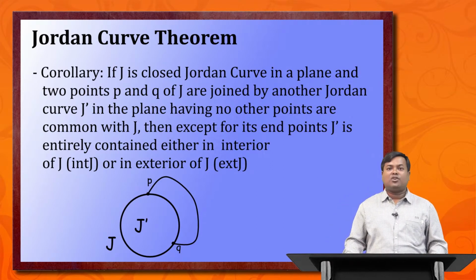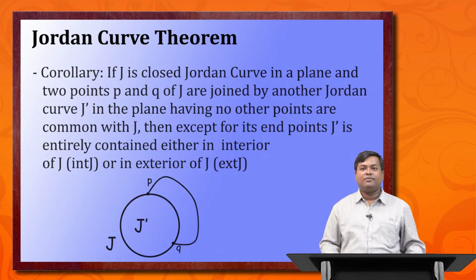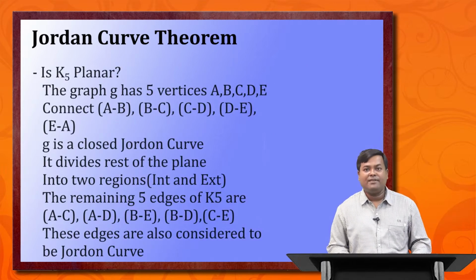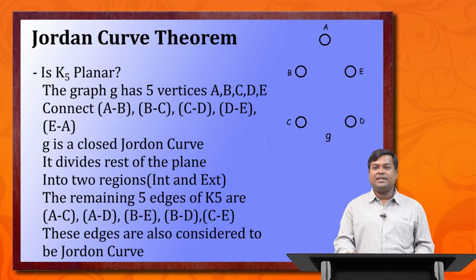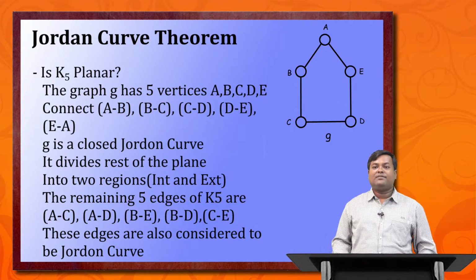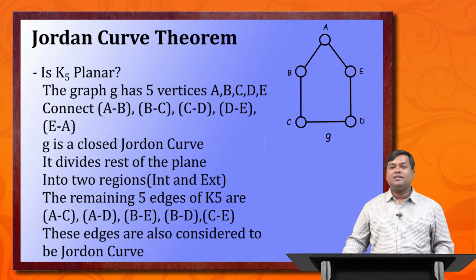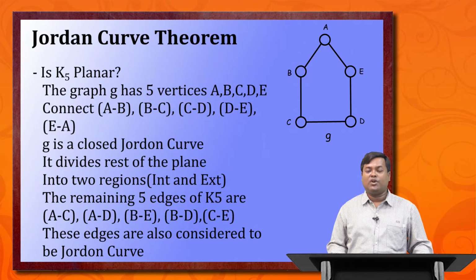Now based on this Jordan curve theorem and corollary, we will now prove whether K5 is planar or not. And K5 is basically a complete graph of 5 different vertices, right? So the graph G has 5 vertices A, B, C, D, E. So we are joining A, B, B, C, C, D, D, E, E, A. Now if you see the figure, this A, B, C, D, E is basically a closed Jordan curve.